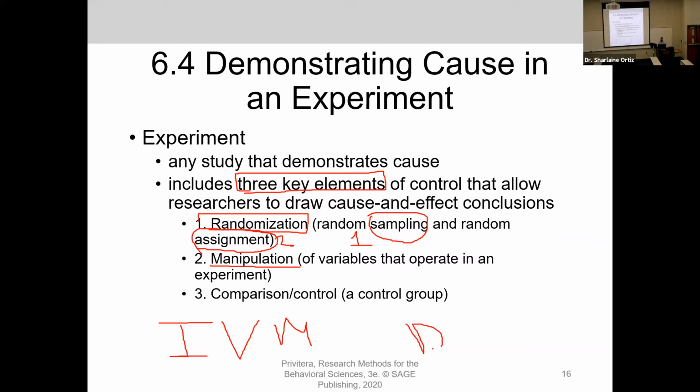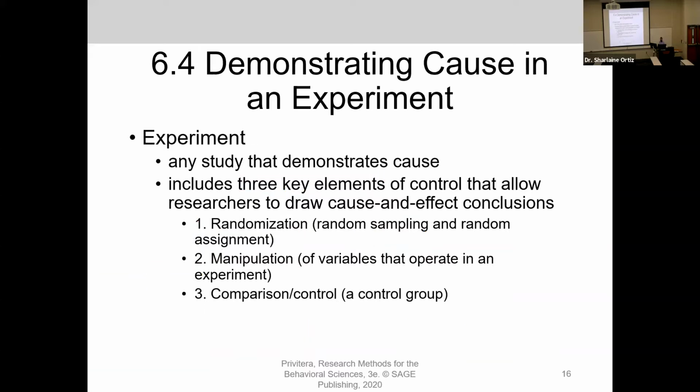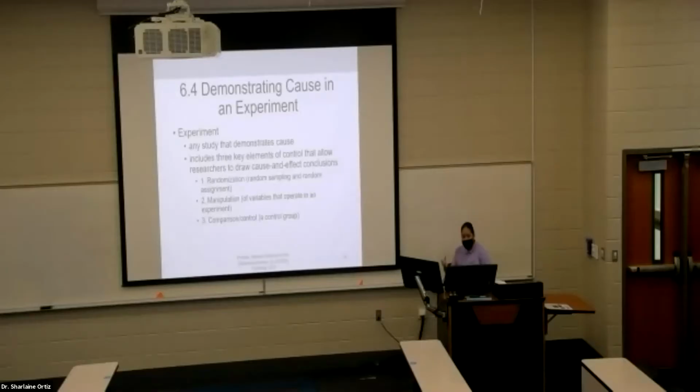Whereas my DV is the one that I want to measure. Therefore, in order for me to conduct an experiment, I need the second factor of manipulation. I need to ensure that I indeed have the ability to manipulate, to change as I see fit in order to answer my research question.